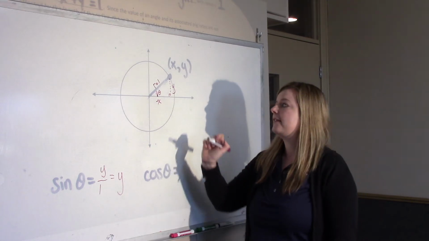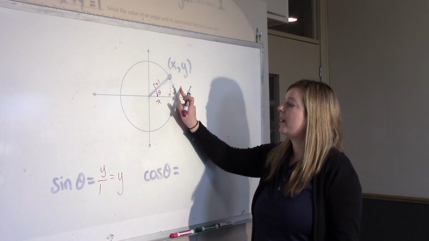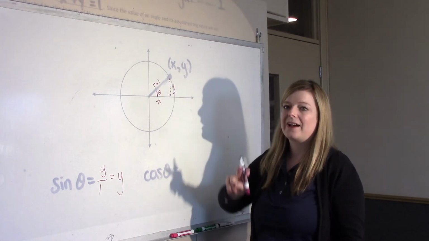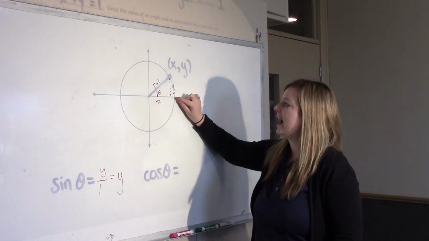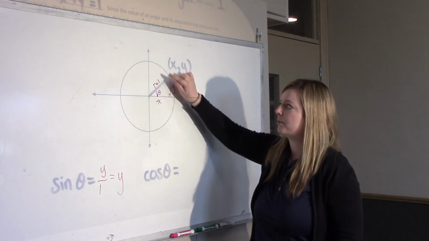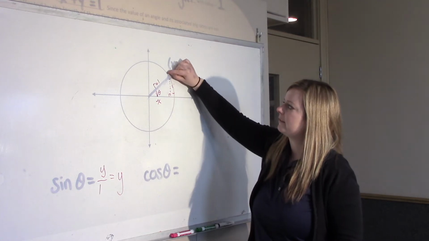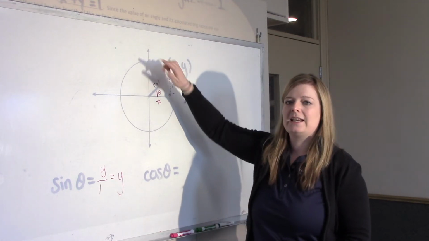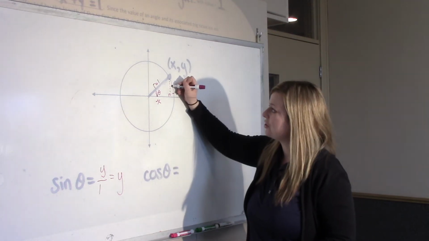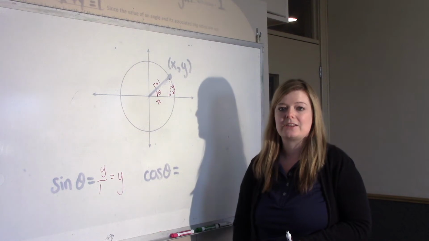To understand the value of the sine ratio, we only have to look at the y value of our coordinate. So here, if we start here, we're at 0 degrees. Here we're at 90. So as we go from 0 degrees up to 90 degrees, the sine ratio is the exact same as whatever the y value is as it changes.